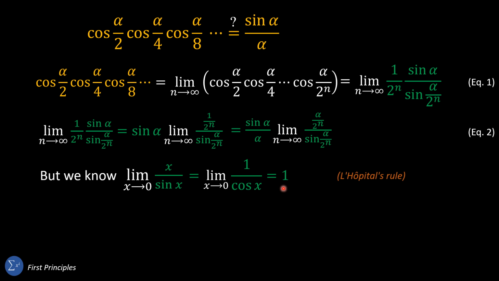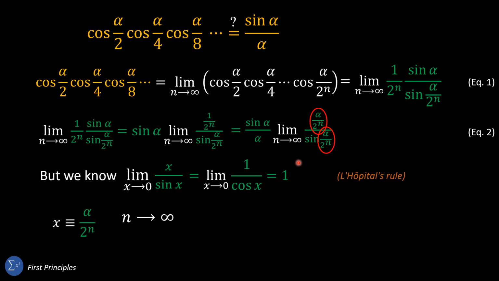Now let's do a change of variable going back to this equation 2 and define x as alpha divided by 2 to power of n. Now what happens if n goes to infinity? Remember that here I wanted to calculate this limit when n was going to infinity.